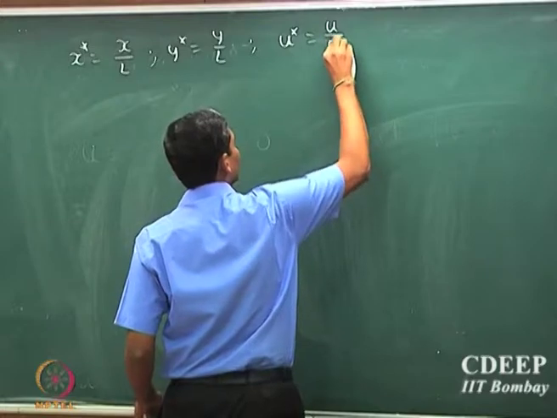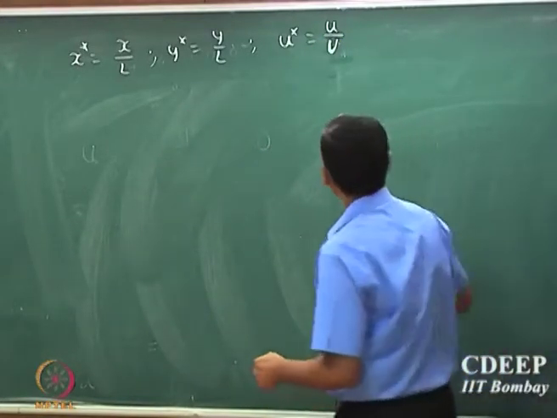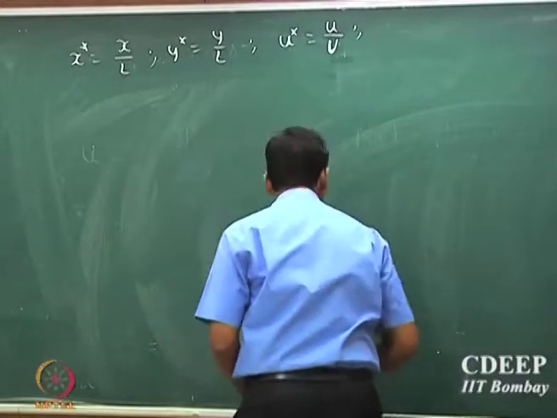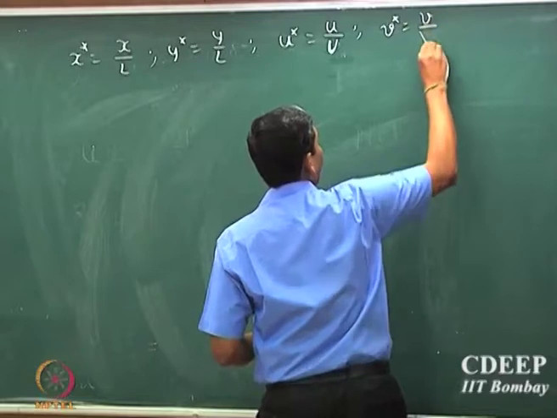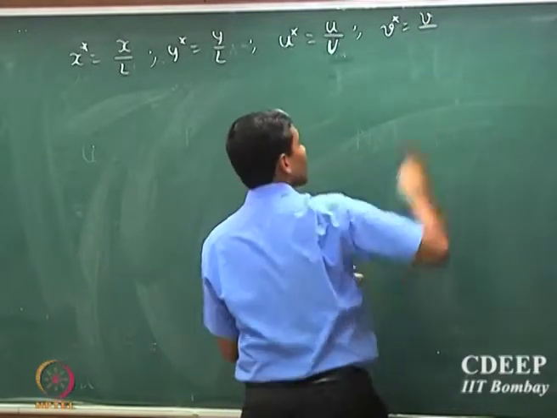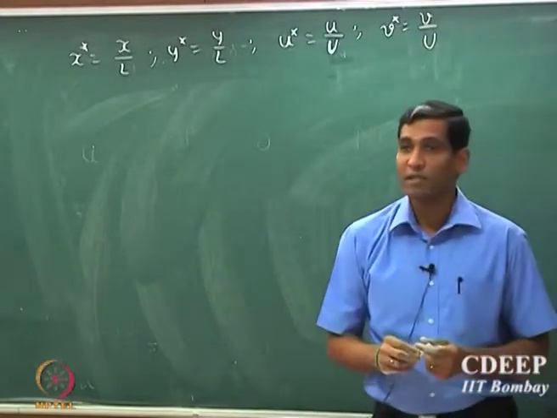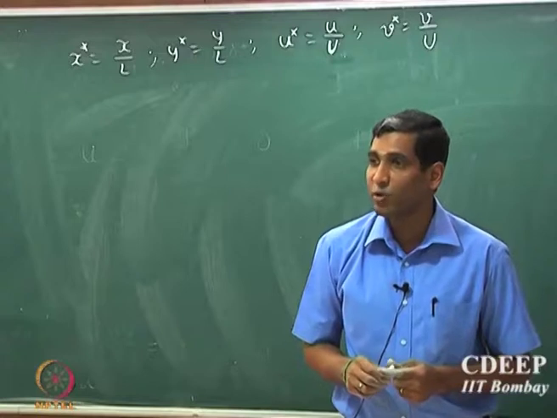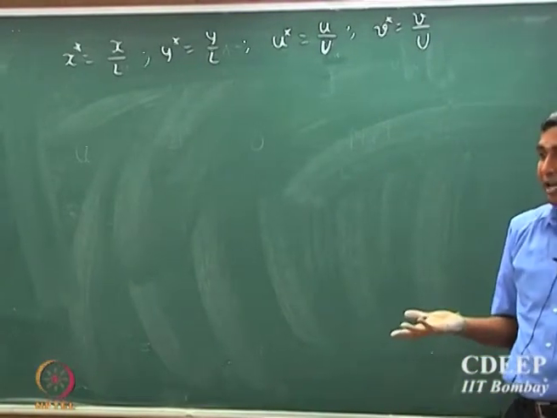capital U, okay. So, if capital U is the free stream velocity, and if I say v star is v by capital U, I use the same free stream velocity in order to scale the x and the y component because that is the only measurable quantity that I have.